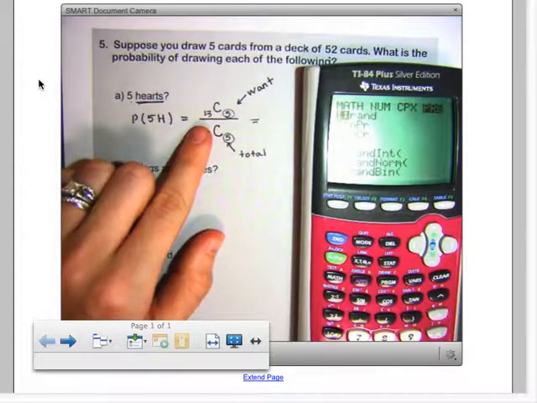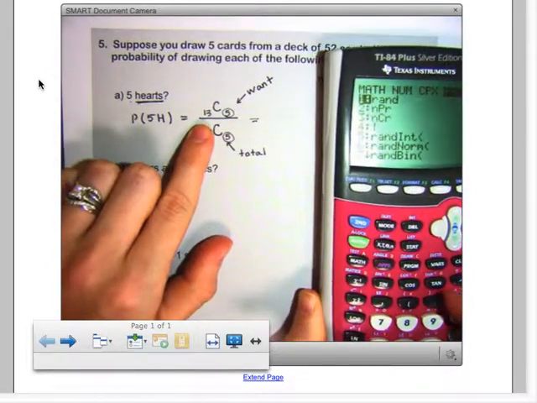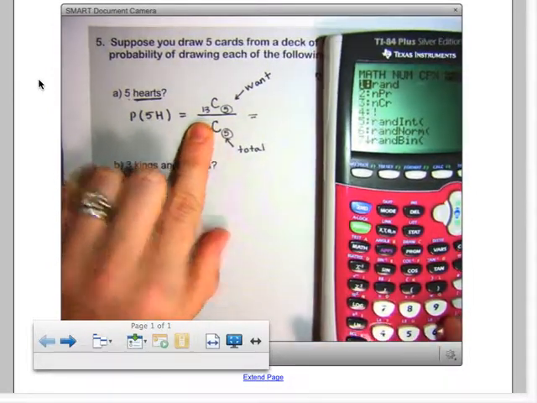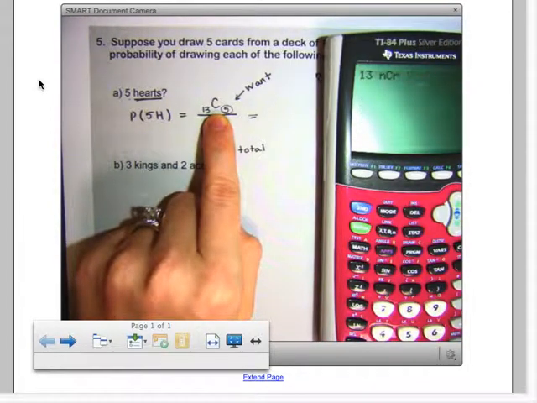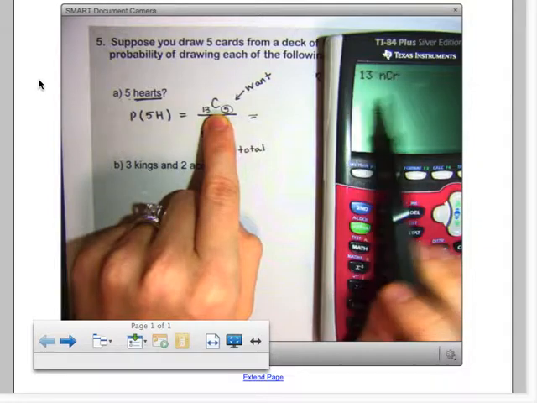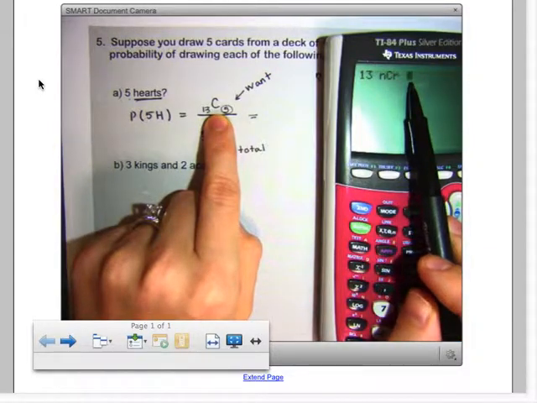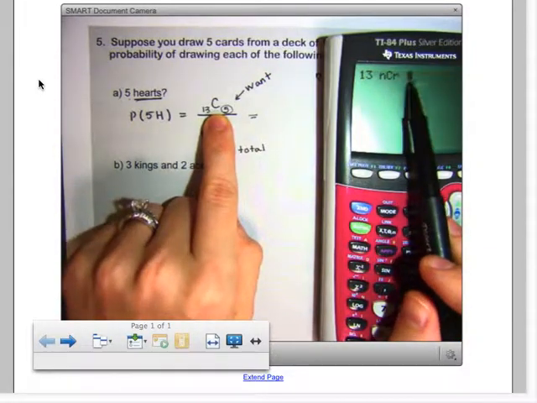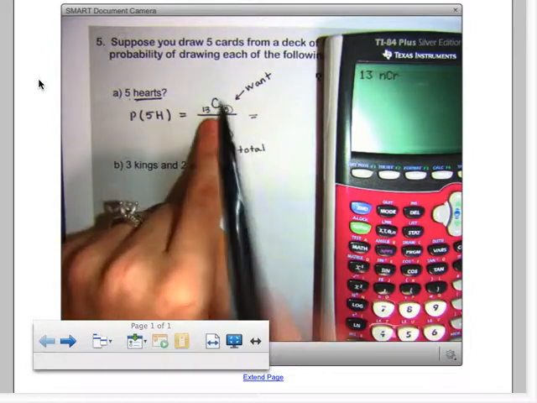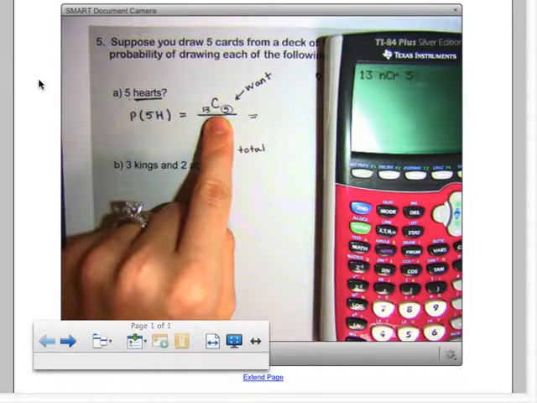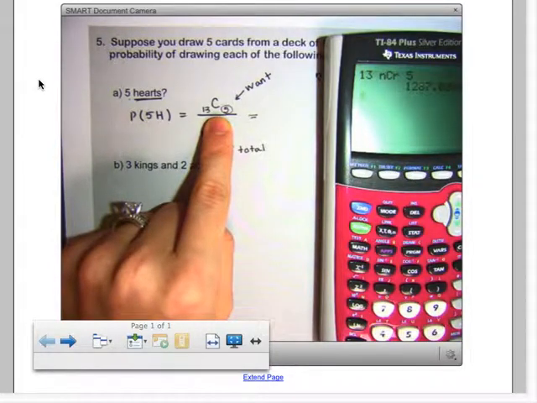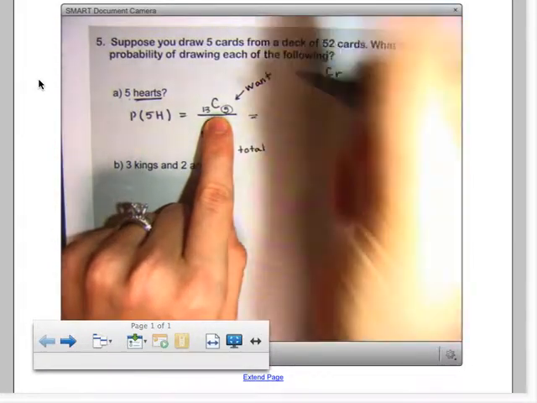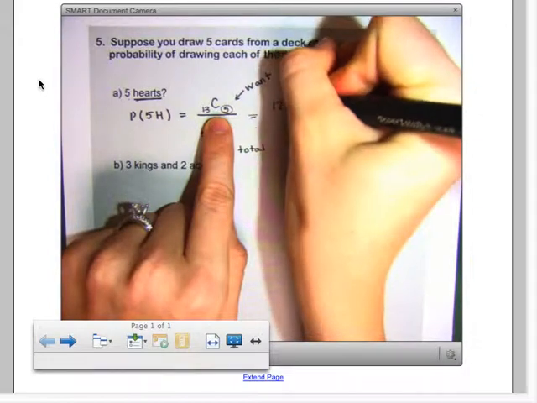Option 2 is a permutation, option 3 is a combination. Since I have a C, I'm going to select option 3. Now I should have 13 nCr, and my cursor should be blinking. After that, I plug in whatever my r is, so my r is 5. This should all be in the same row, and now hit enter. We should get 1,287.